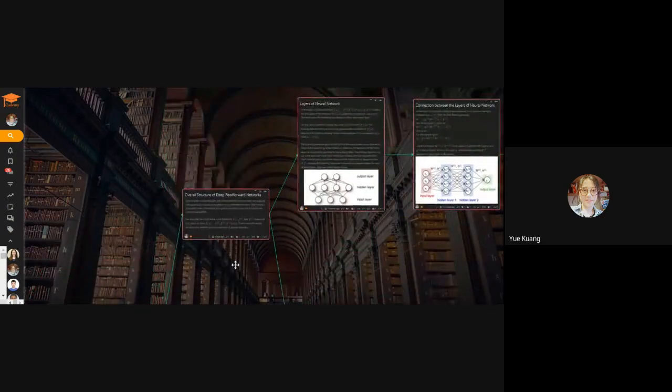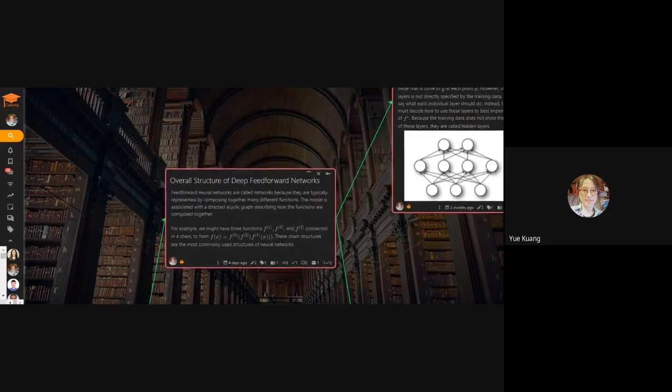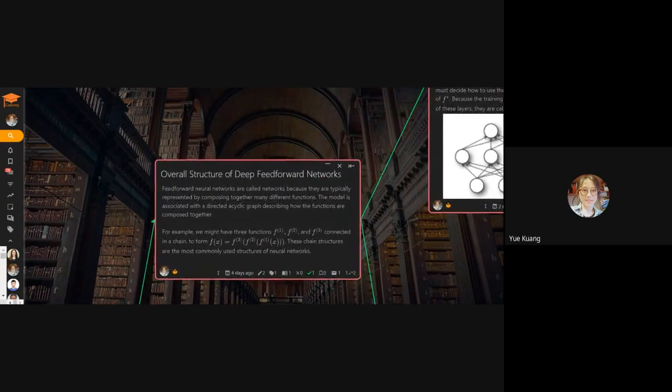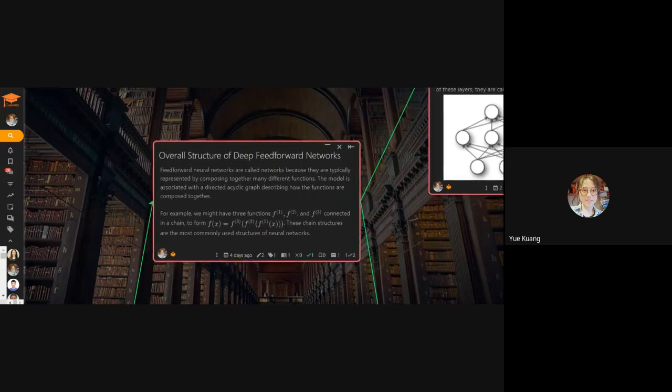So next, I will show you the overall structure of a deep feedforward network. Feedforward neural networks are called networks because they are typically represented by composing together many different functions.